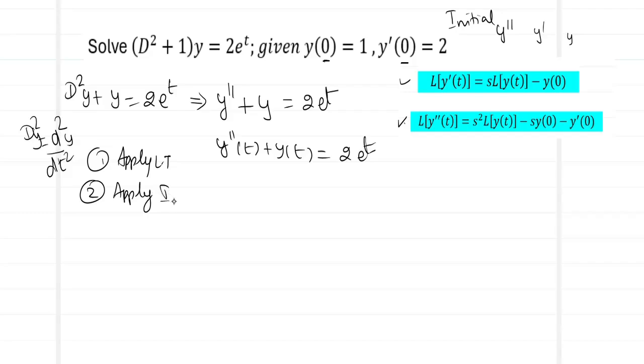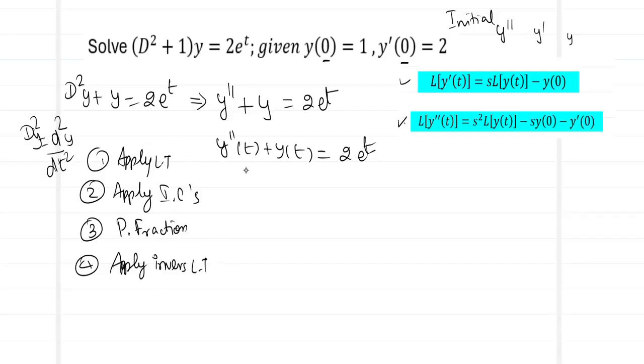So apply the initial conditions to the applied Laplace transform and simplify. Step 3, collect the terms and find the partial fraction of the given quantity. In step 4, to remove the effect of the Laplace which we applied in step 1, we apply inverse Laplace to our partial fractions answer.